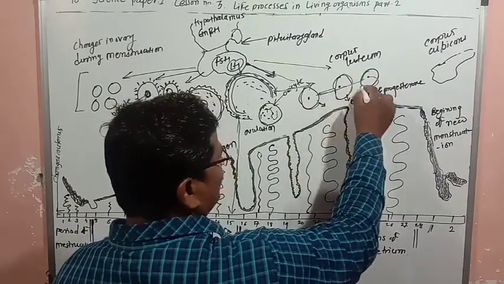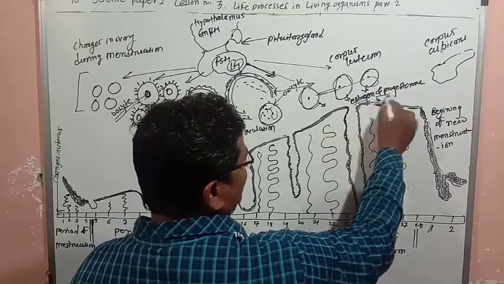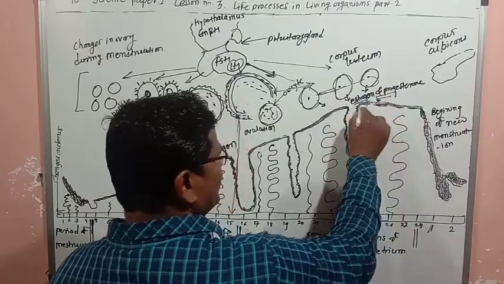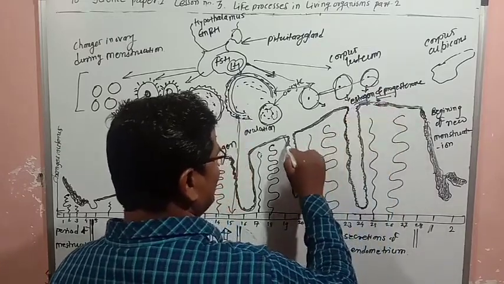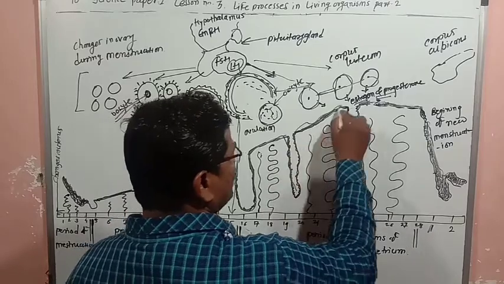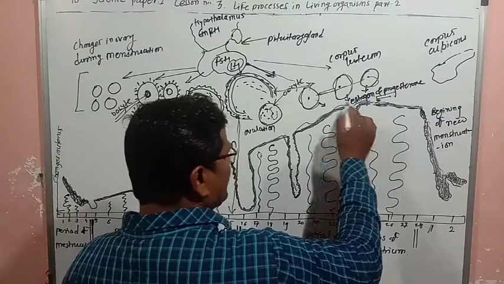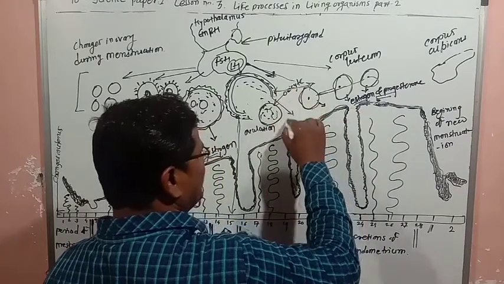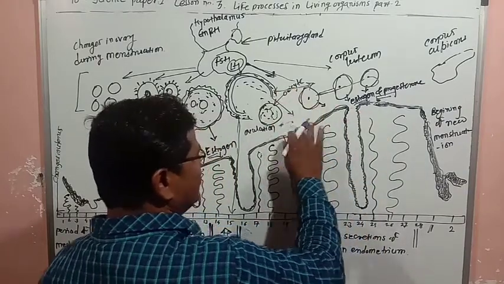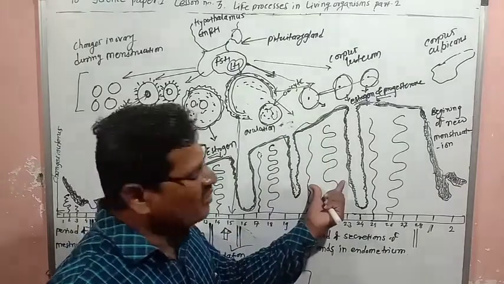And that corpus luteum secretes estrogen and progesterone, and because of that the endometrial layer becomes thick again for the implantation of the embryo into the uterus.